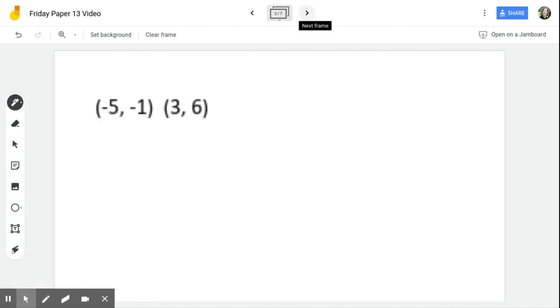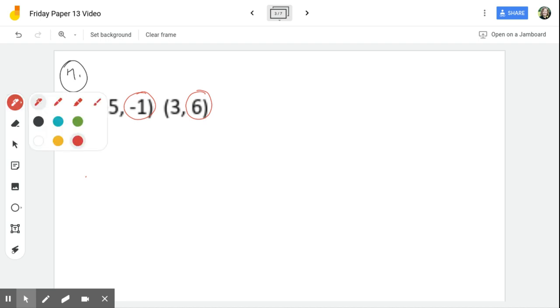This is number 7 on your Friday paper, and we're going to follow that same process, only I'm going to show you another trick. You can use color to keep things straight, color and even shapes. So these are my y values here and here, and I'm going to color or circle them with red. I'm going to choose another color, and you can just use shape or color.